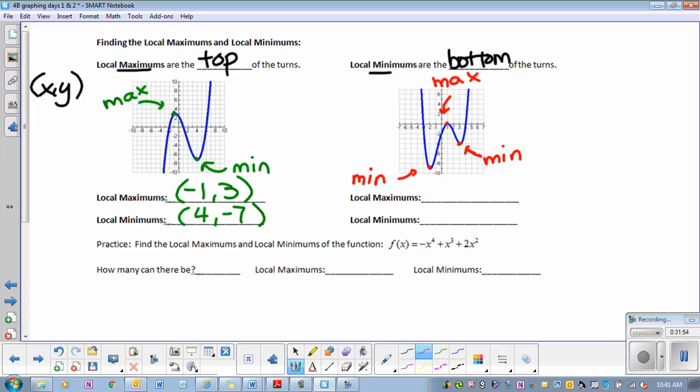Just use commas to separate your ordered pairs because you're just telling me points, all right? So I have one maximum, which is 1, 0. And then my minimums, I have 2. So you have? Okay, good.